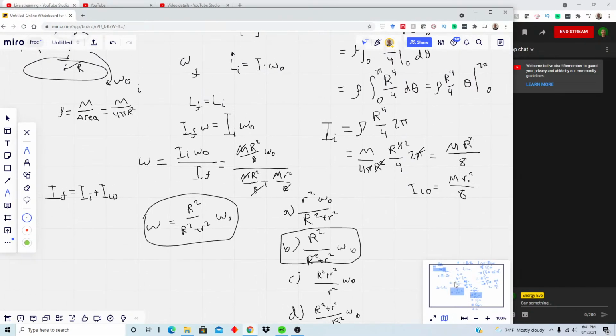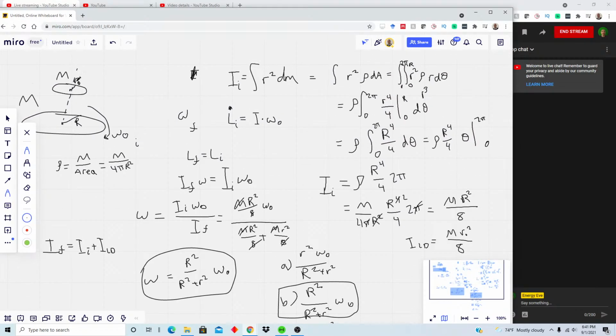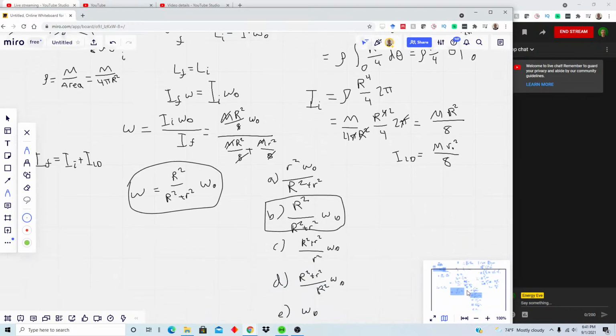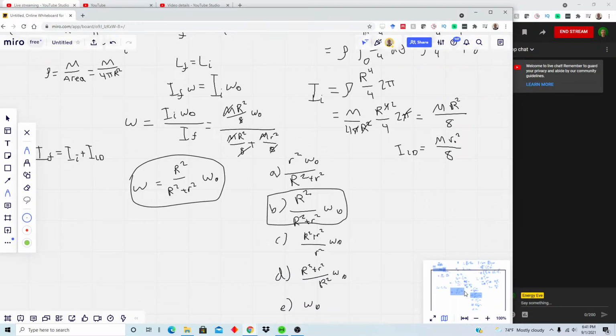Just to play around with our intuition, let's assume that little r is just an added little bit. I think it's important to do a sanity check whenever you're dealing with this stuff.